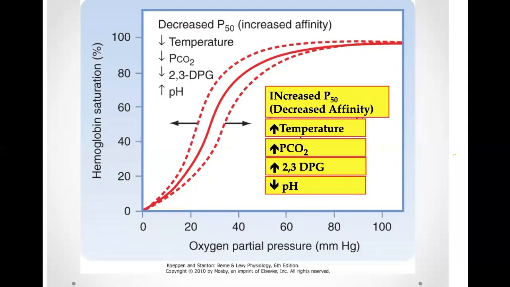So one more time, increased temperature, okay, hyperthermia, increased PCO2, we have increased 2,3 DPG, which I'll explain later, and decrease in pH.